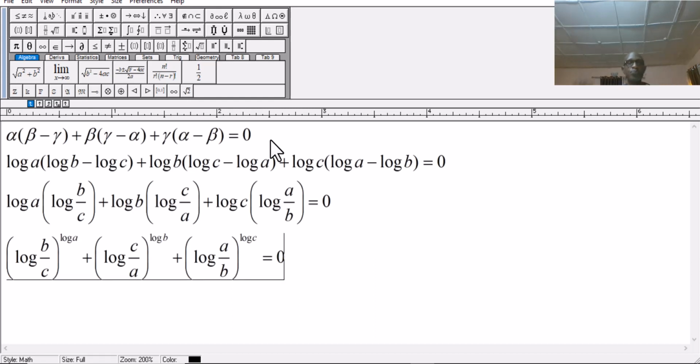Now we are almost through. Remember our law of logarithm.